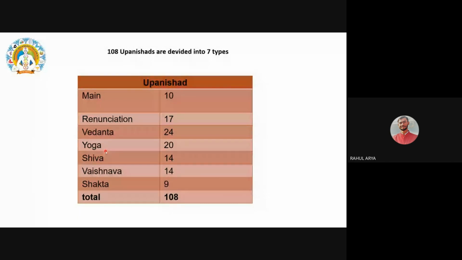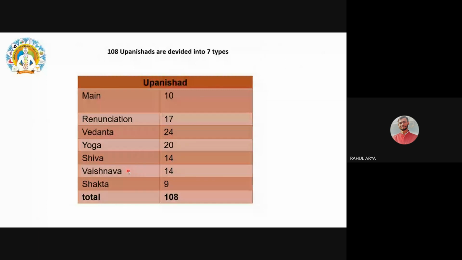So how many Yoga Upanishads are there in total? 20. Okay, and 14 Upanishads are called Shaiva and 14 are Vaishnava. These are the sects: followers of Lord Shiva and followers of Vishnu.